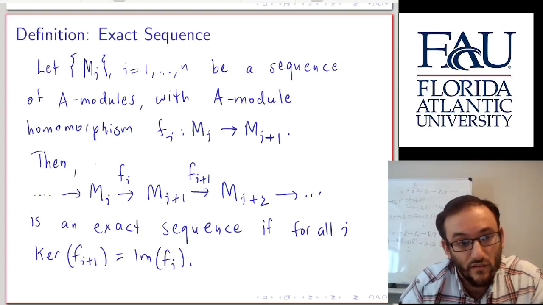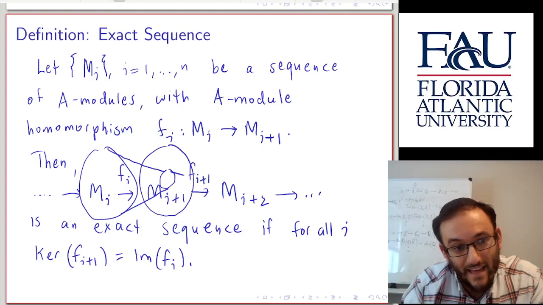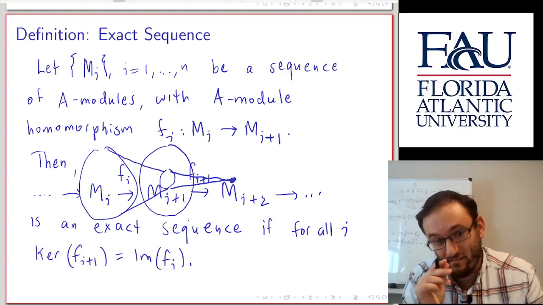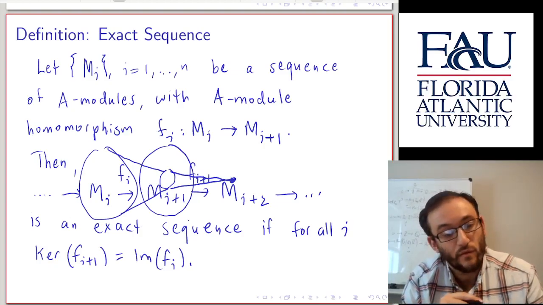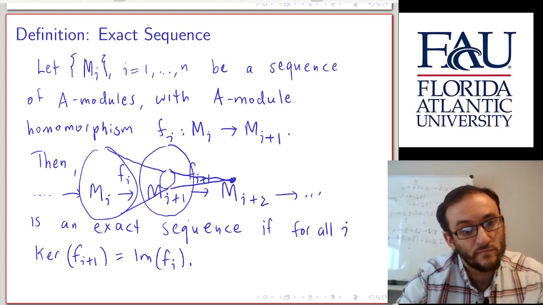So if this module has image contained inside of this module, then that is precisely what maps to 0 in this module. And so it's said to be exact at Mi plus 1. But if it's exact at each module, then it's called an exact sequence. Okay.